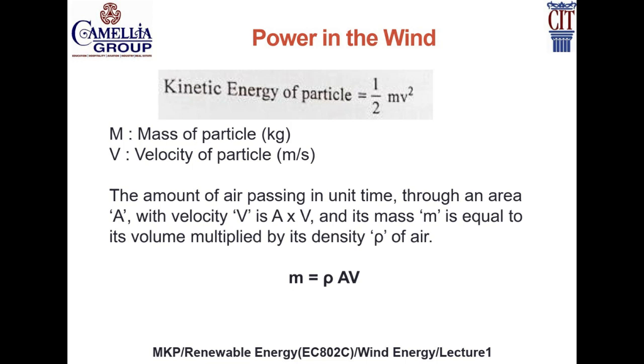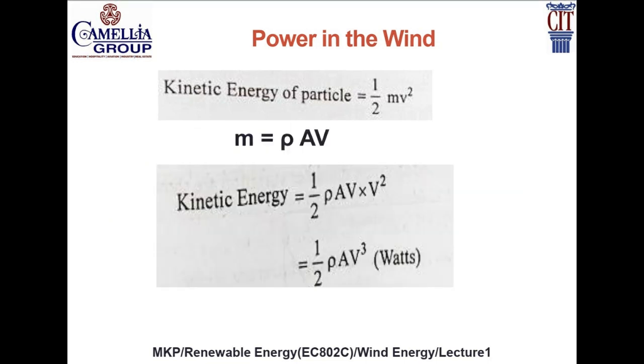That means the volume of the air column is A into V. And if we suppose that the density of the air is rho, then the mass of that air column becomes rho into A into V. So, here we can say small m equals rho A V. That means the kinetic energy that the air is delivering per unit time is half into rho A V, that is the mass, into V square, that is half rho A V cube.